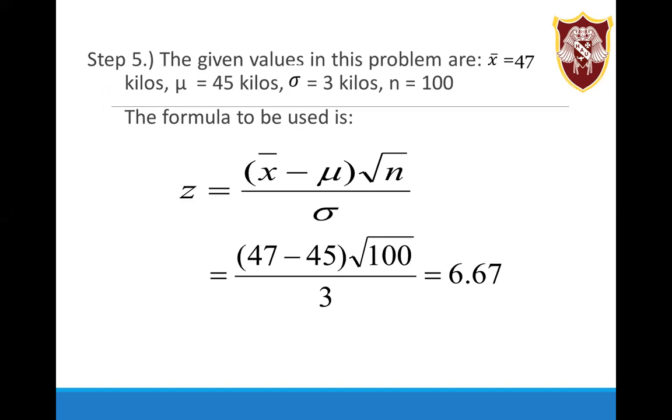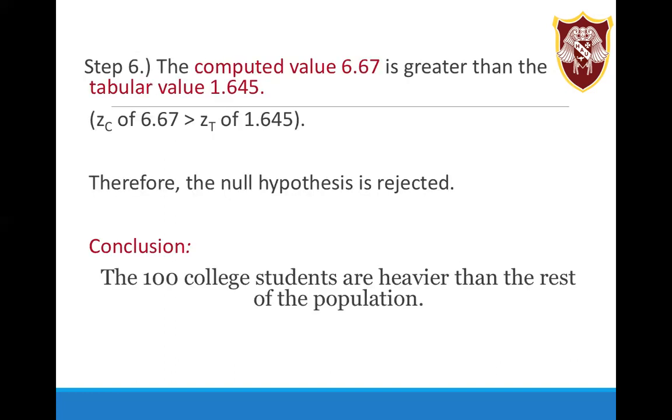So this one is the computed value. So we already obtained the tabular value, and this one is the computed value. So we now compare the two of them. So the computed value, 6.67, is greater than the tabular value of 1.645.